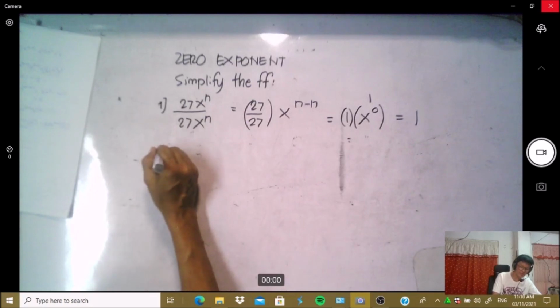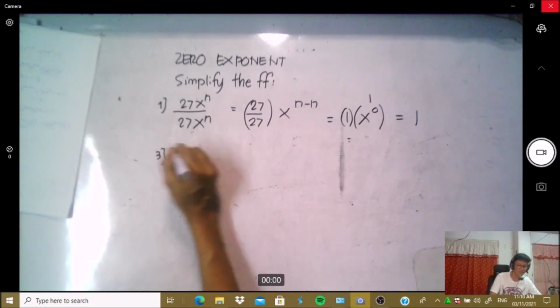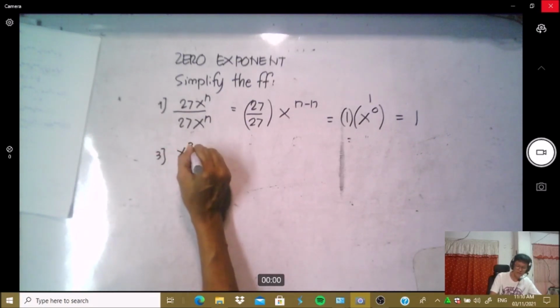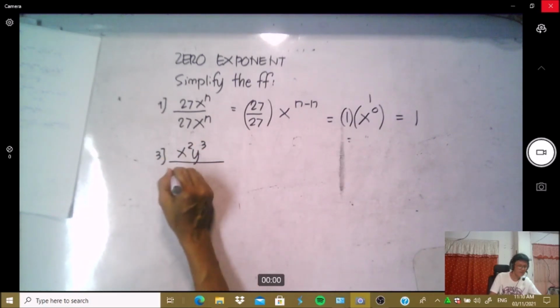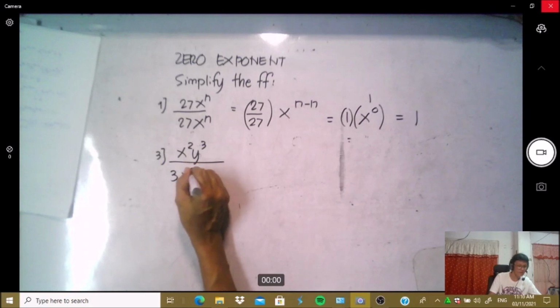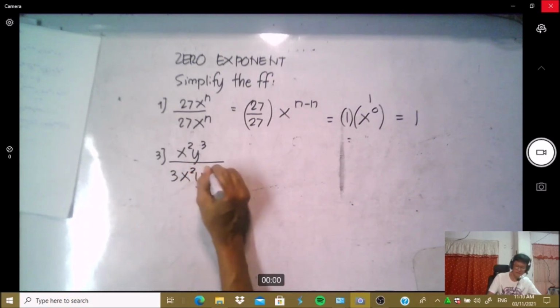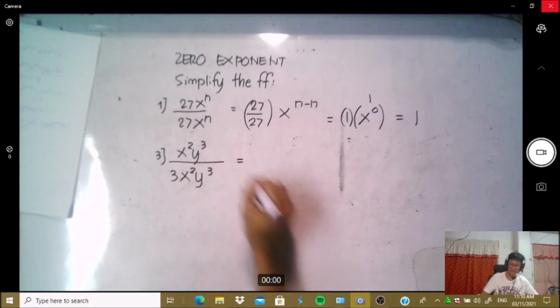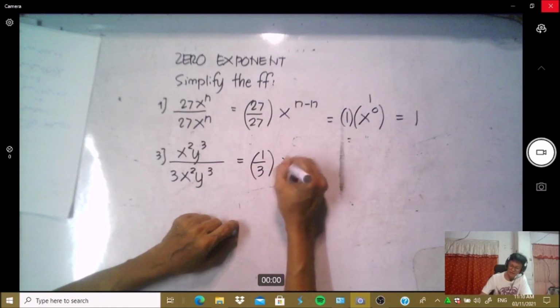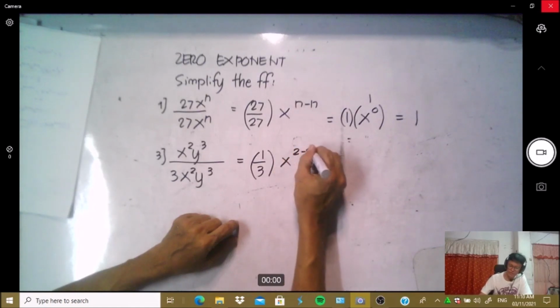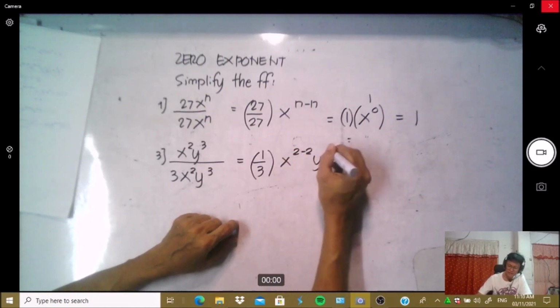Okay. For number 3, we have x squared y cubed divided by 3x squared y cubed. It is understood that there is a 1 in front. So we have 1/3 times x raised to 2 minus 2, then y raised to 3 minus 3.